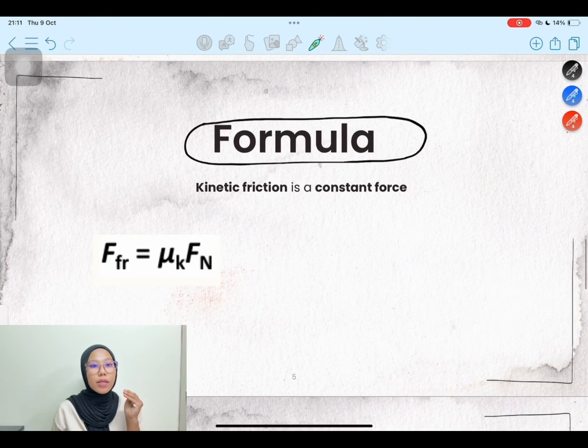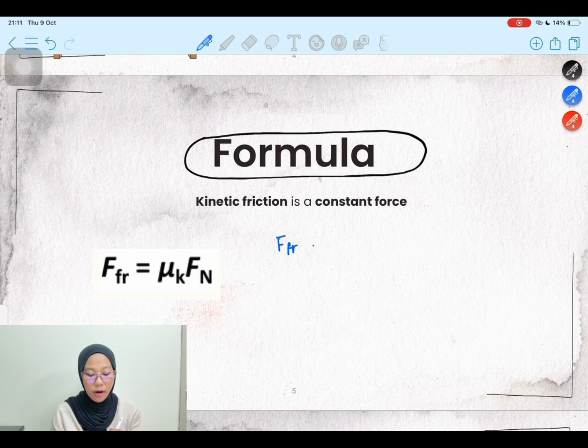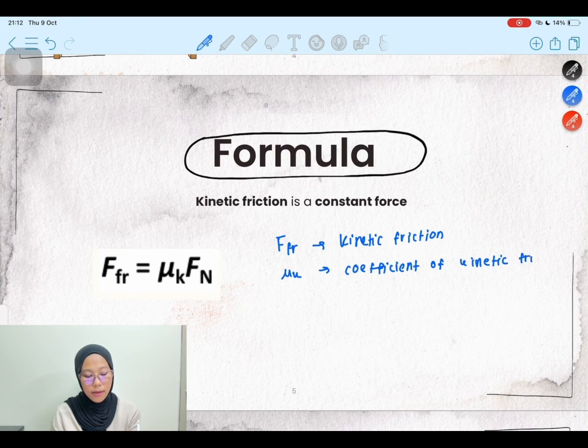surfaces. So the formula is kinetic friction equals coefficient of kinetic friction times normal force. So F_fr equals kinetic friction, mu_k is coefficient of kinetic friction, while Fn is normal force.